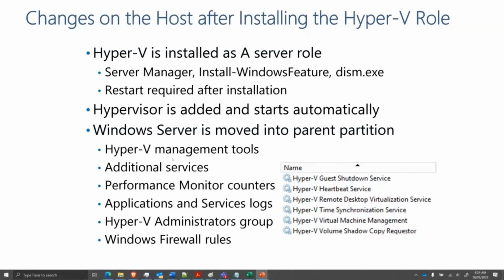Besides that, we have the Hyper-V management tools, which is the Hyper-V Manager. With these additional services, we've got additional performance counters so we can monitor performance, and additional logs installed into the Event Viewer. You'll also see that a Hyper-V Administrators group is created, and firewall rules are created to allow communication with Hyper-V.